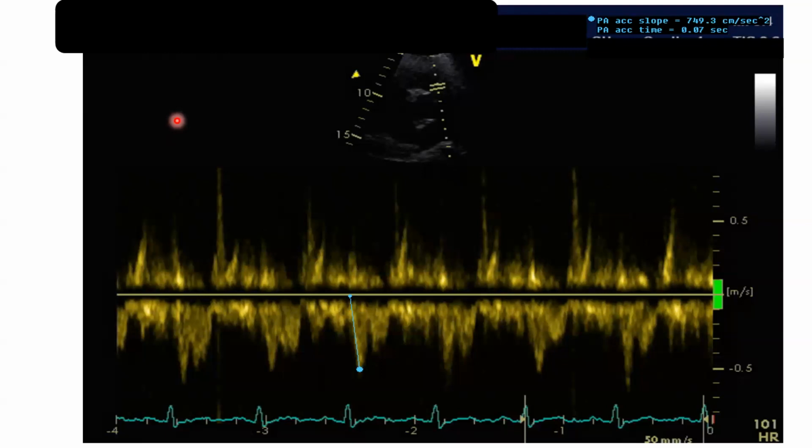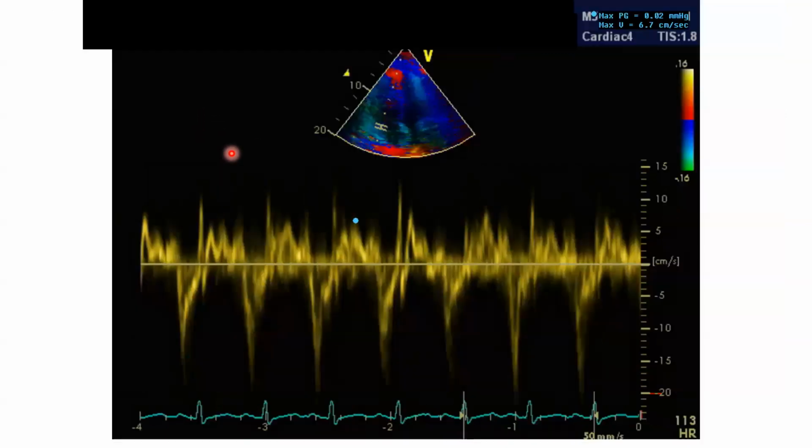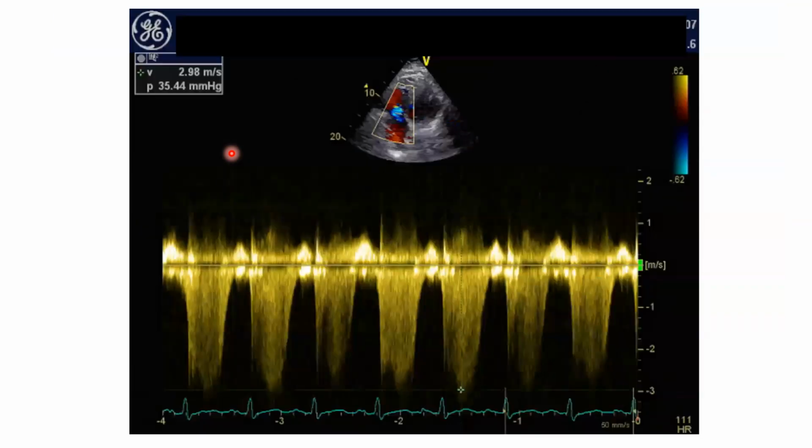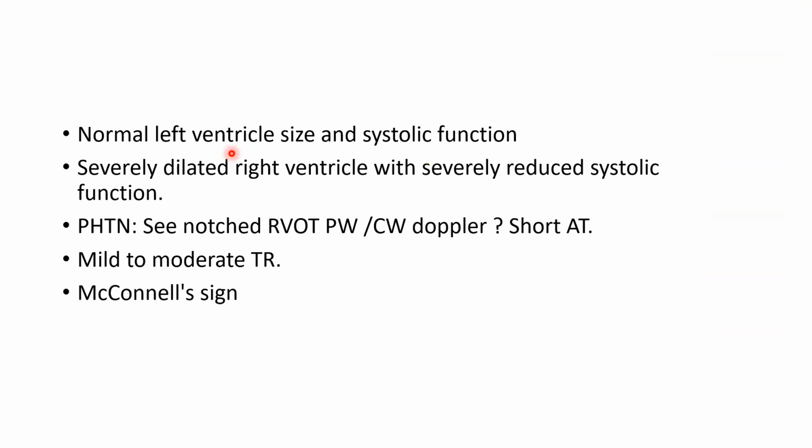So we'll go to the next. Next, the findings indicate RV systolic dysfunction. Tricuspid regurgitation continuous wave Doppler indicates the tricuspid gradient is 31. So RV systolic pressure is 31 plus right atrial pressure. If there is no pulmonary stenosis, the pulmonary systolic pressure equals the RV systolic pressure.